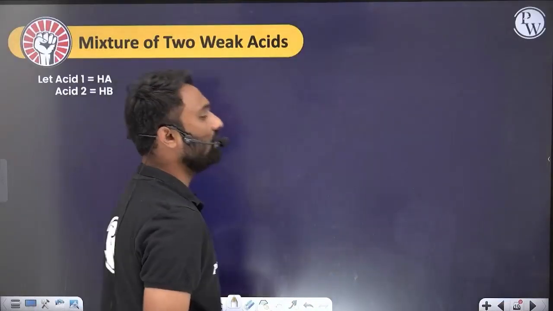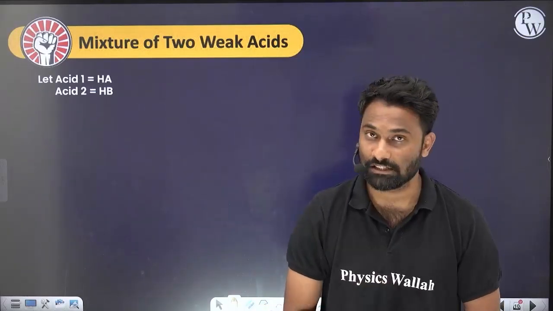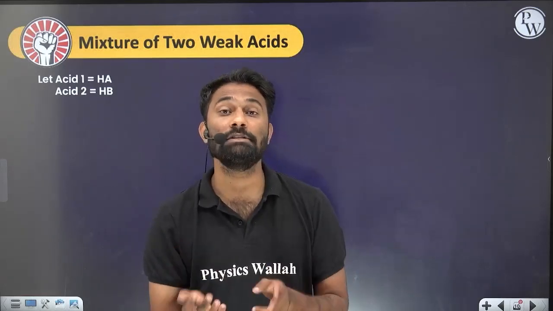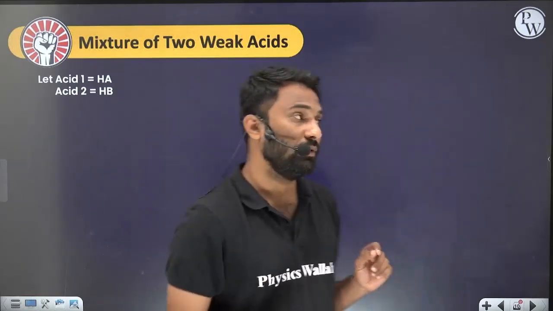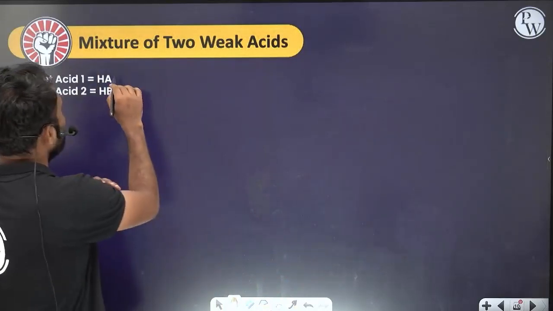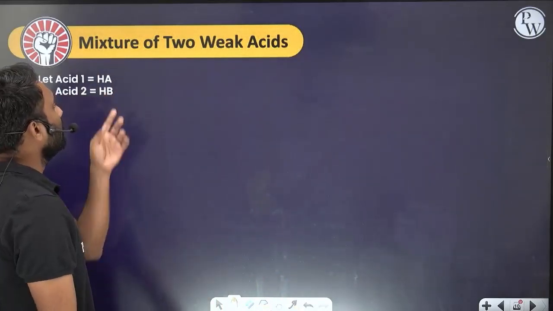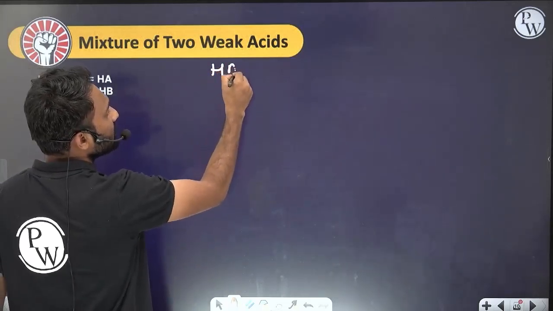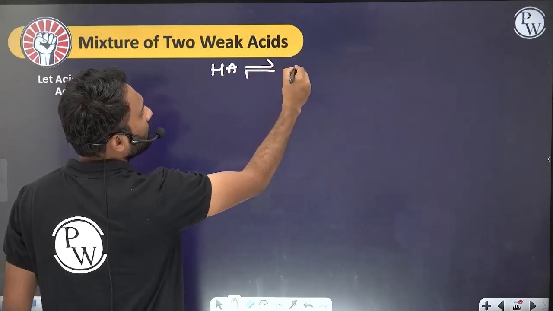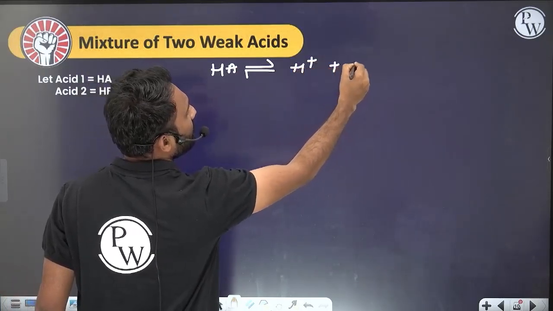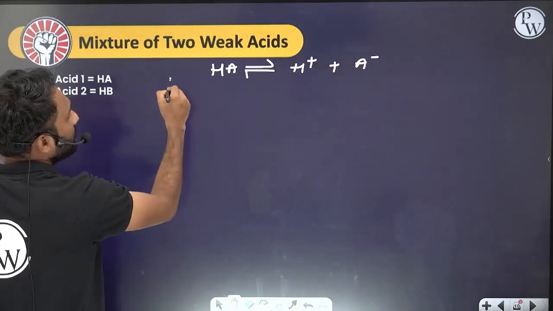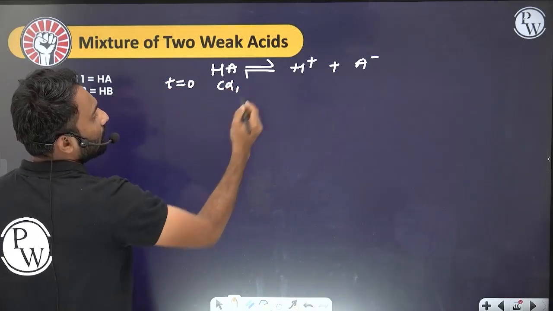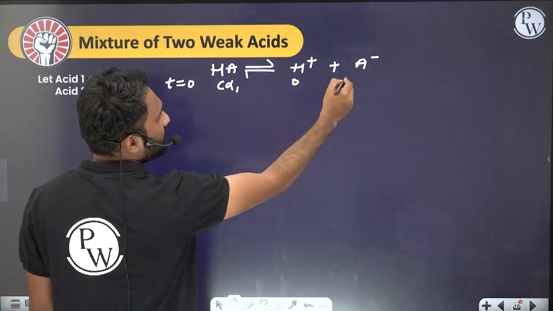Next, mixture of two weak acids. When a mixture of two weak acids is given, we are going to find the pH of the mixture. One weak acid is HA, the other weak acid is HB. HA, a weak acid, dissociates into H plus and A minus. Let at time t is equal to 0, the initial concentration is C1 and 0, 0.